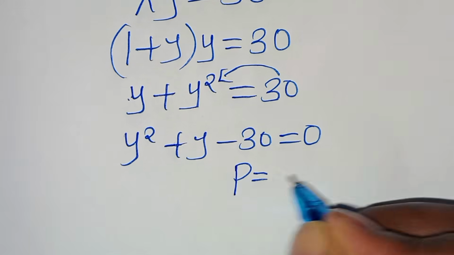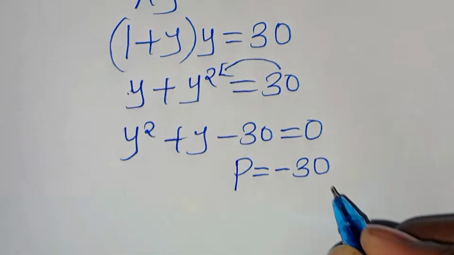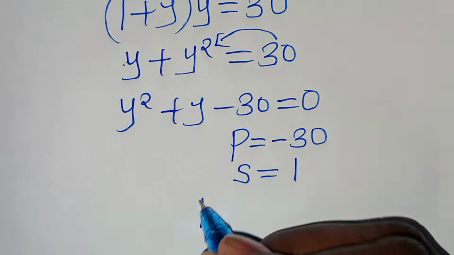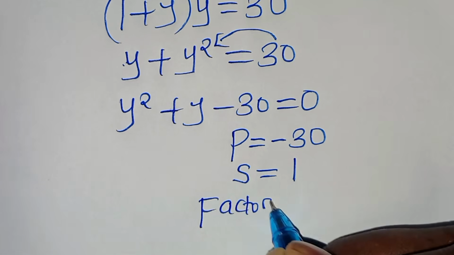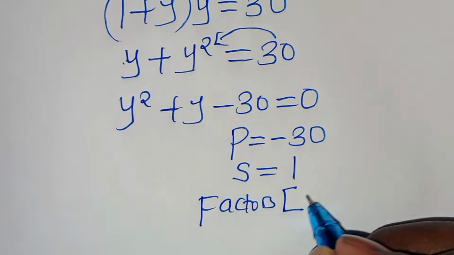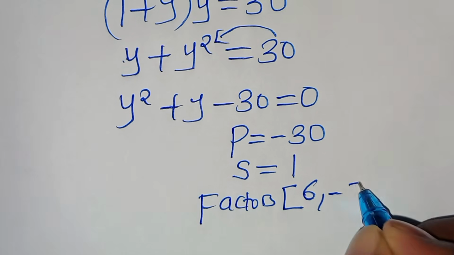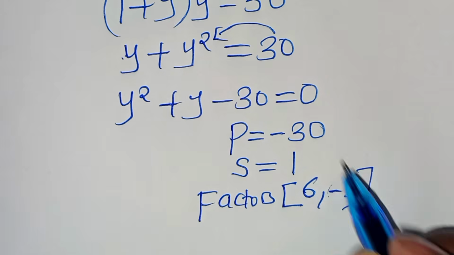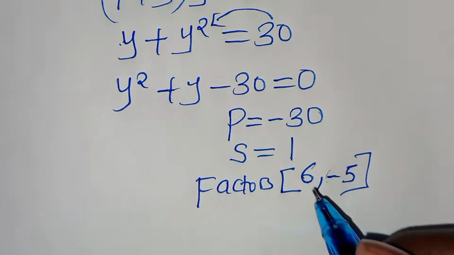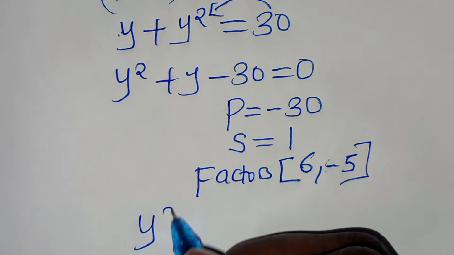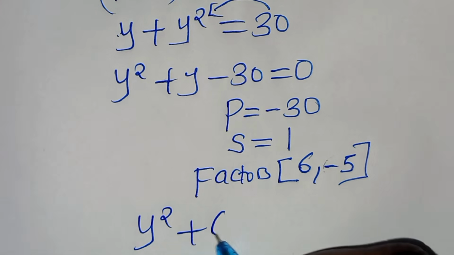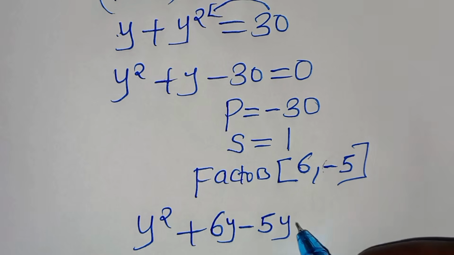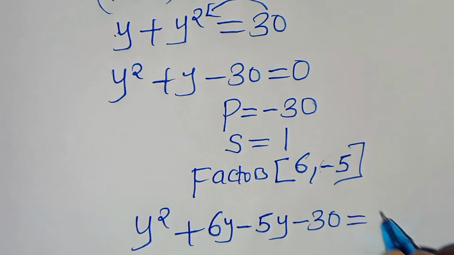We have the product equal to negative 30 and the sum equal to 1. So let's identify these two factors: we have 6 and minus 5. 6 times minus 5 is minus 30, and 6 plus minus 5 is 1. So we have y to the power of 2 plus 6y minus 5y minus 30 equal to 0.